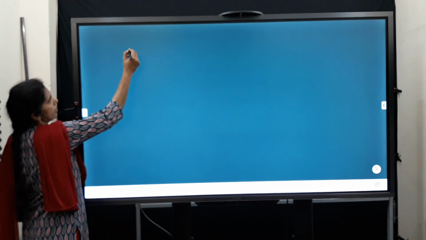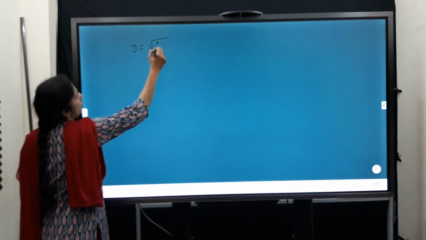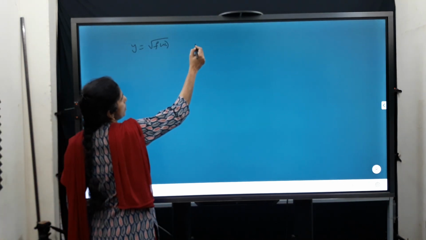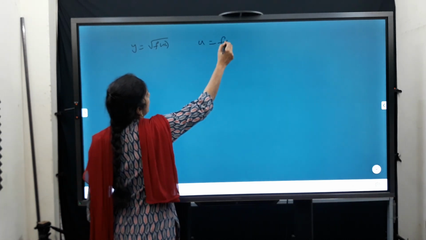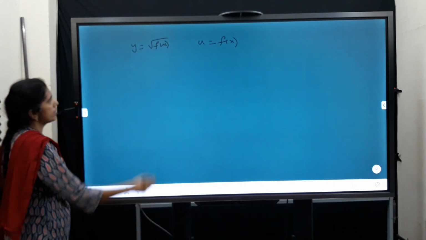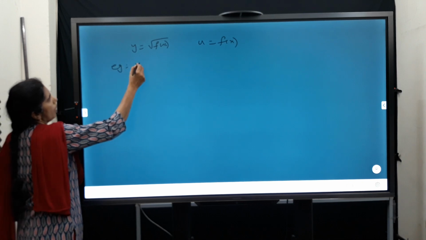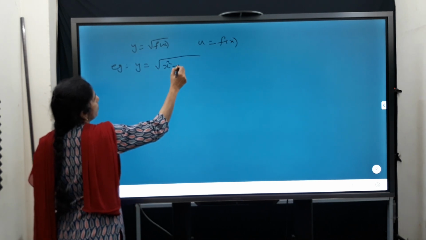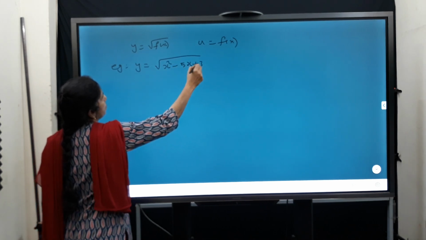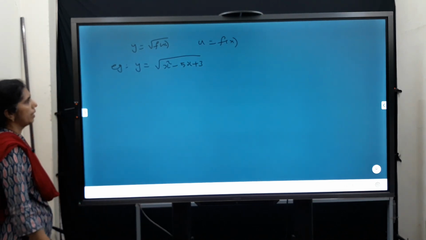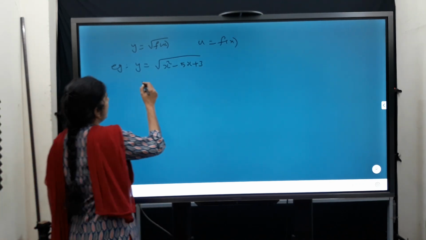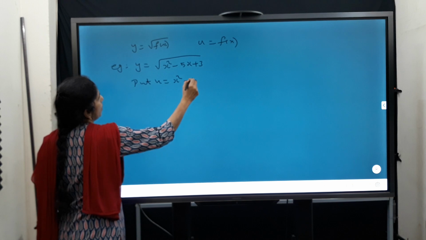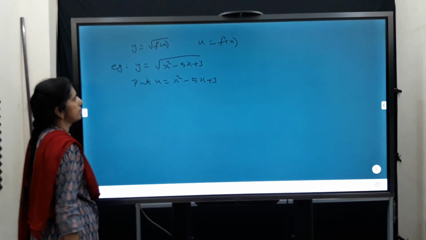Next, let us consider functions of the form y equals root of f of x. In this case also, we use the substitution u equal to f of x. So let us take an example. y equals root of x square minus 5x plus 3. So our u is equal to x square minus 5x plus 3.